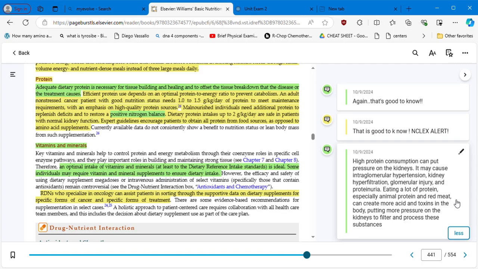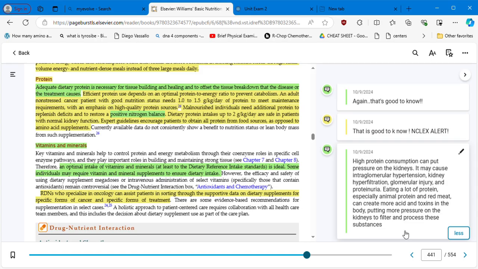Okay, especially because the kidneys can go through glomerular injury, or also eating a lot of red meat can create more acid and toxins in the body, putting more pressure in the kidneys. So here I would like to address the ketogenic diet, because many patients believe that by eating protein they are following a good ketogenic diet, and they start eating more red meat.